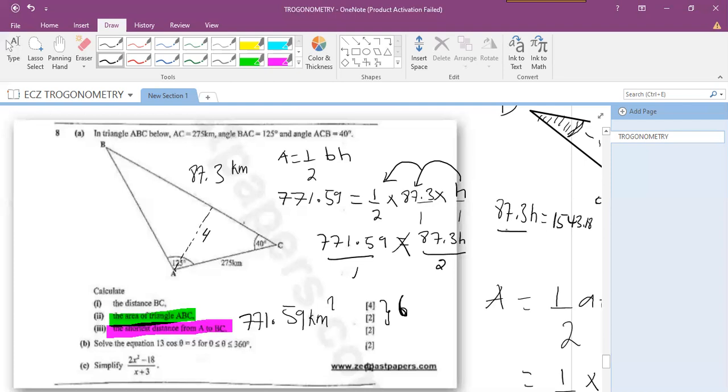You have to do all these calculations on your own and compare them with my answers in case I make mistakes. Divide both sides, this cancels. Our height, which is the shortest distance, will be 1543.18 divided by 87.3. Height will always be the shortest distance. We are getting 17, which is a good shortest distance.